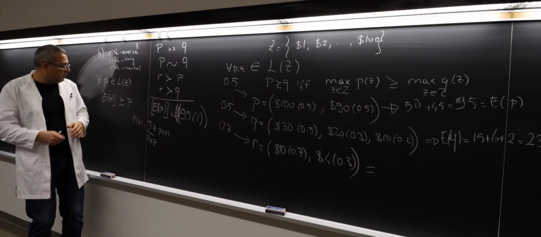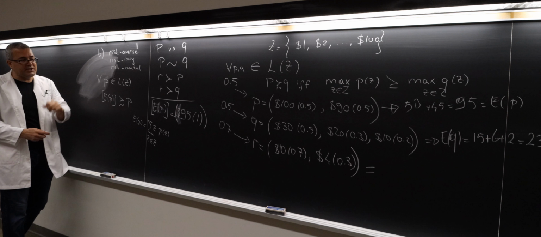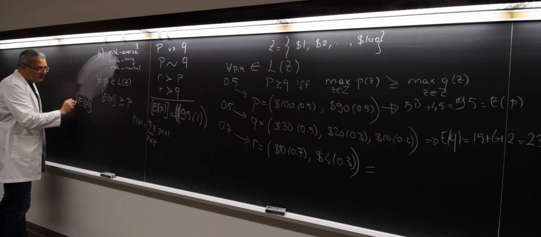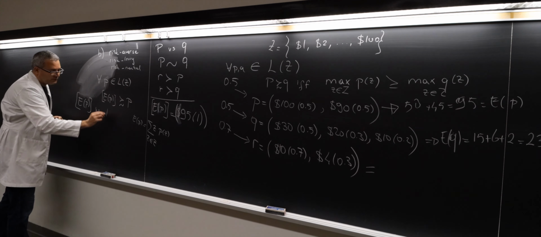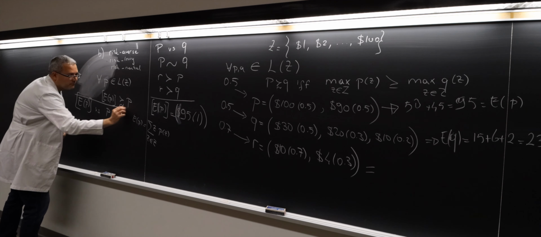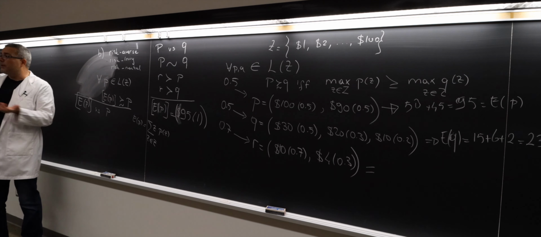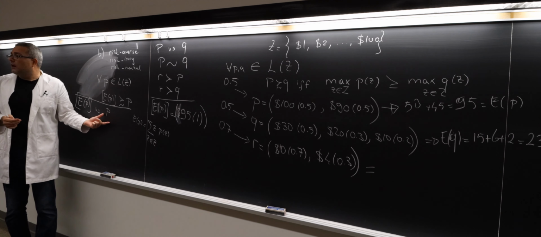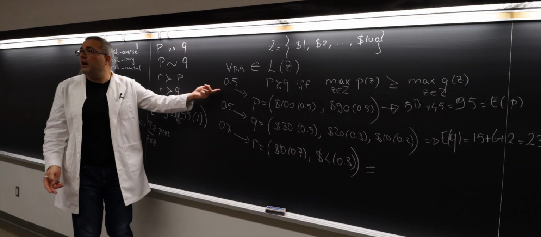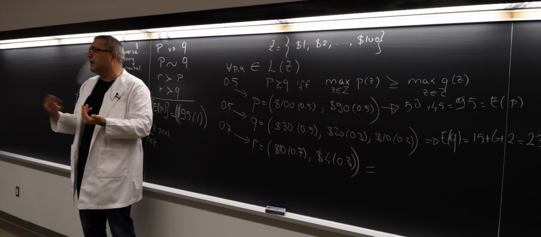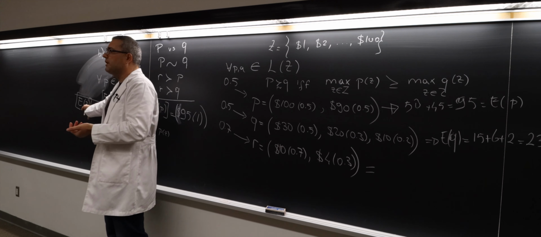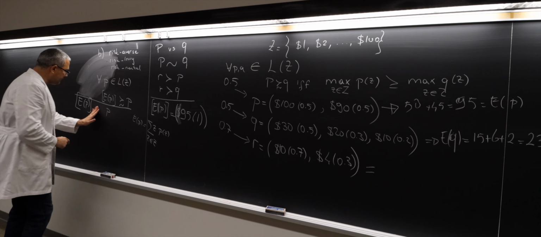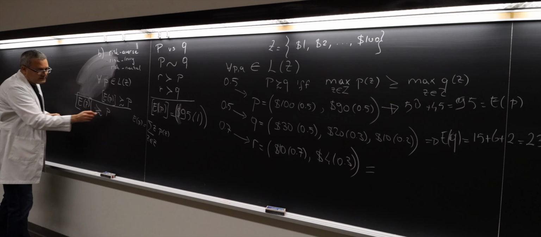So, how does JJ compare the degenerate lottery E of P versus lottery P? The highest probability of winning a prize here is 1. The highest probability of winning a prize here is 0.5. So clearly 1 is higher than 0.5, so he should choose this degenerate lottery. So can I say this? E of P is at least as good as P?